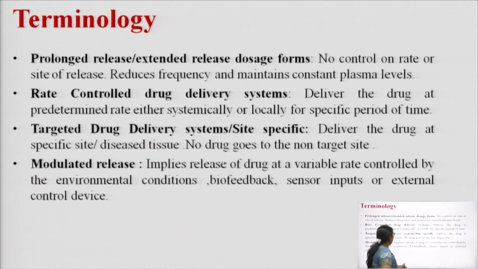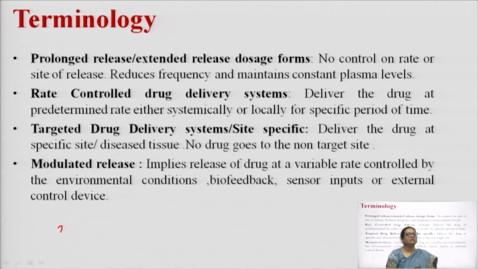Thus, they offer to reduce the frequency of drug administration and are able to maintain constant plasma levels of the drug in the body. As a result, they can exhibit therapeutic effects for a prolonged period of time. The second term is the rate controlled drug delivery systems.